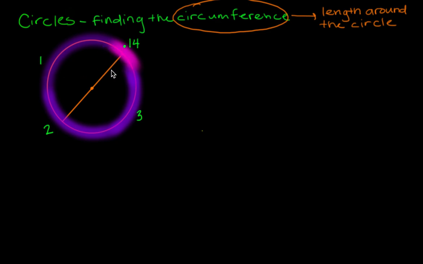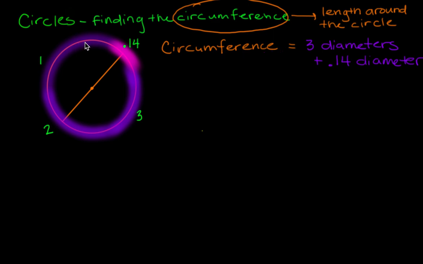Now 0.14 sounds random, but it actually is a very calculated number. So now I know what the circumference is. The circumference is the length all the way around the circle. And to find the entire circumference, it takes 3 diameters, 1, 2, 3, and 0.14 of another diameter.